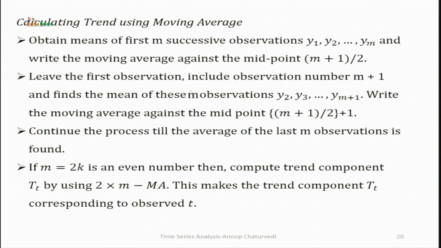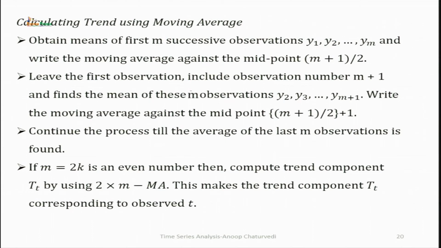So, you get the observations y 2, y 3, so on y m plus 1, write the moving average corresponding to the midpoint m plus 1 by 2 plus 1th observation, and you proceed like this.